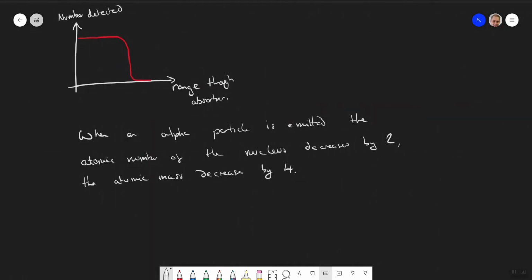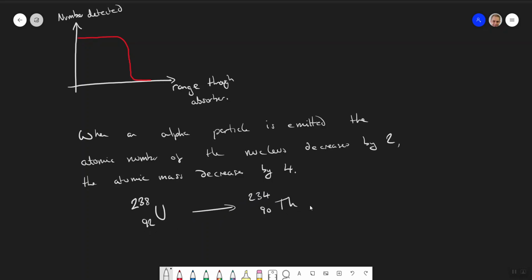Just as a reminder, for these 2 numbers, the mass number in particular, the true change in mass is different, because we have to worry about the binding energy. But as far as the actual numbers that we'd put, if we have an example, uranium-238 with atomic number 92 goes down to 234, and the atomic number goes down to 90.